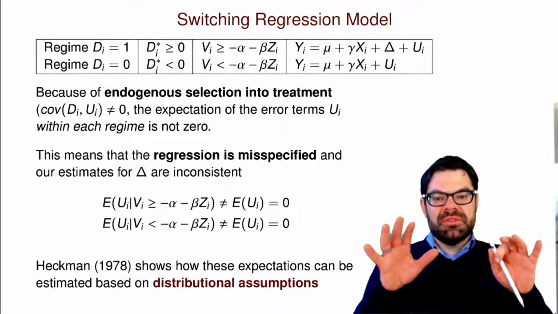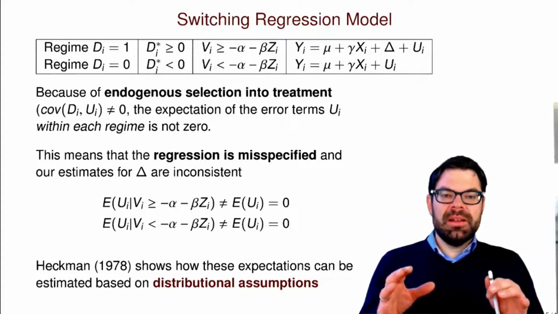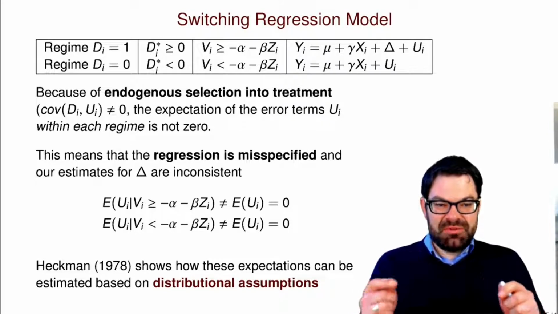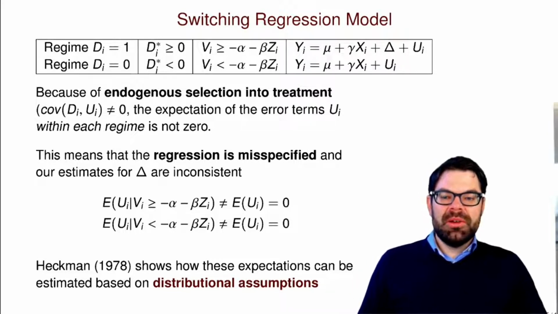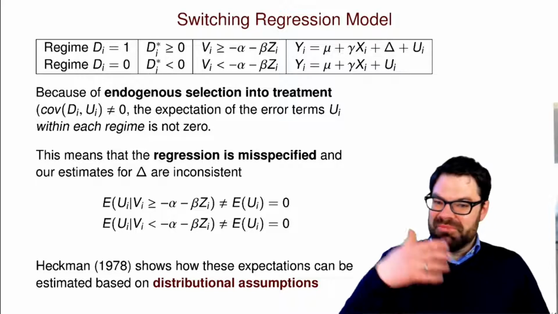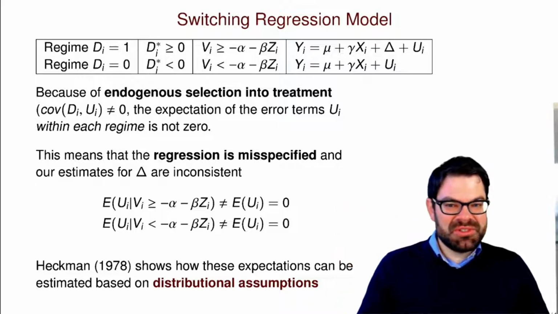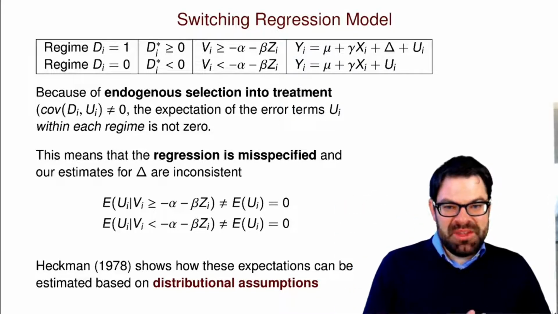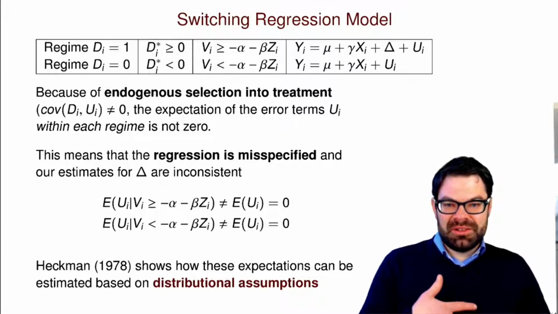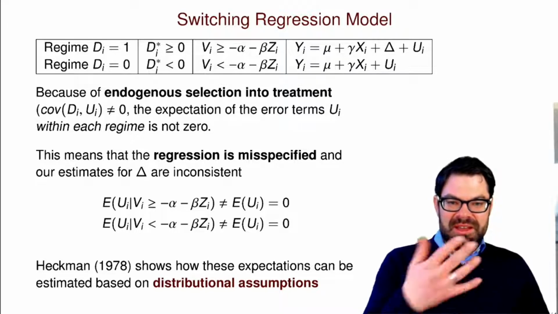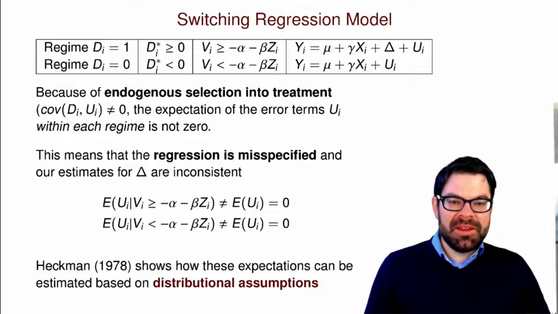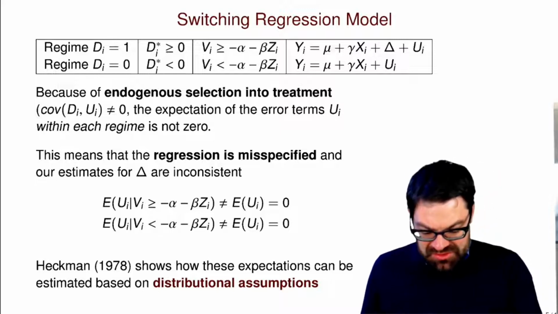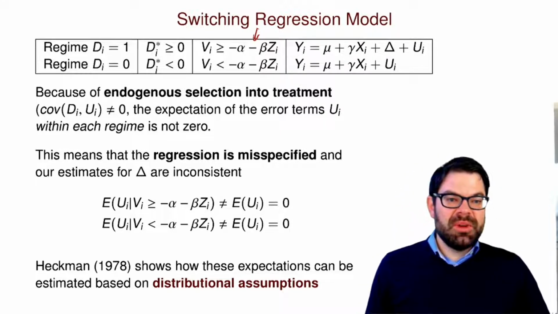Now, one way to see this type of model is as a regime switching model, where you have two regimes. So regime one is that the person gets treated. That must mean that the gains from getting treated relative to the cost must be higher, which is implied by this equation here.